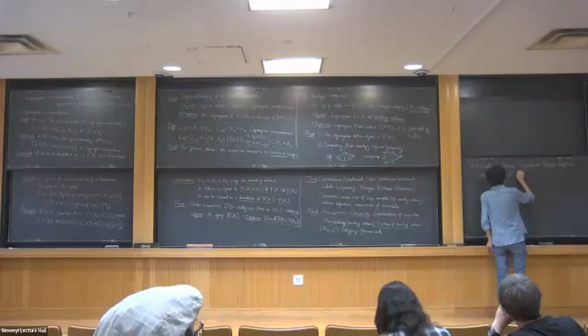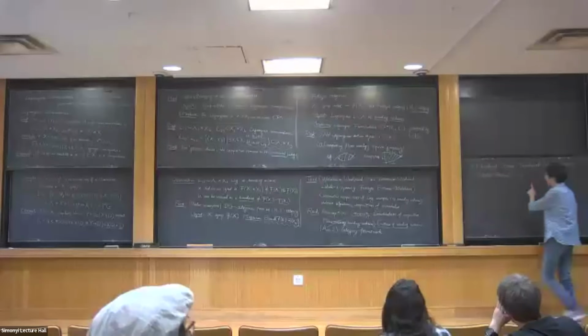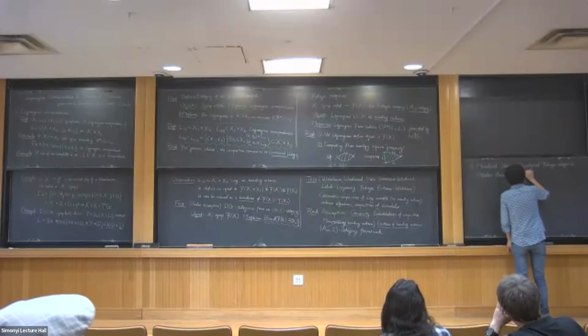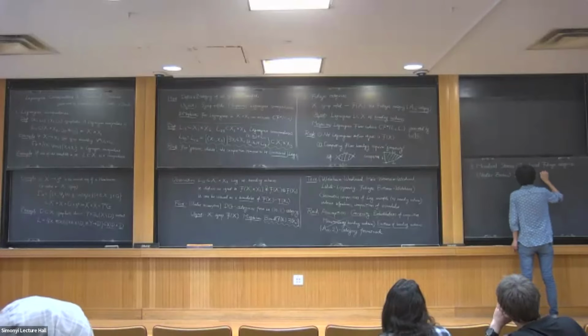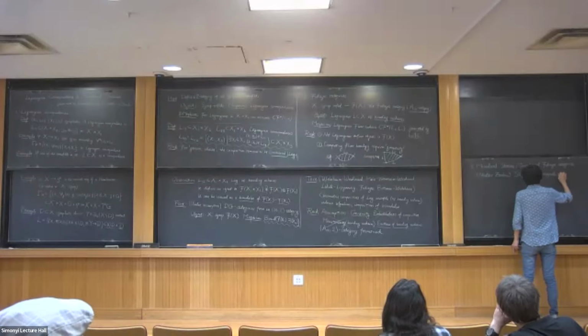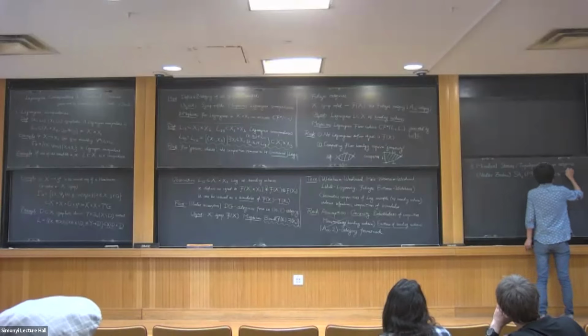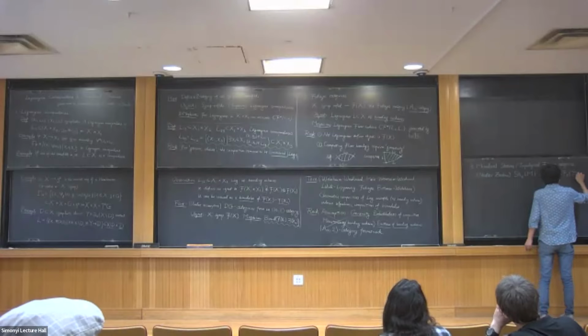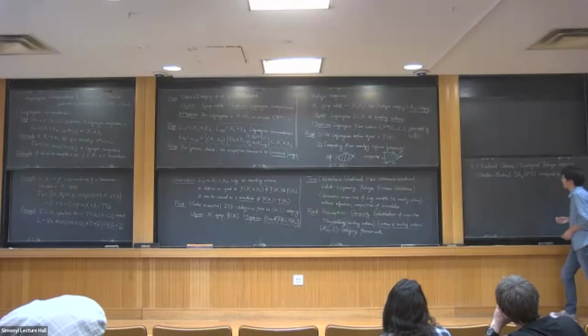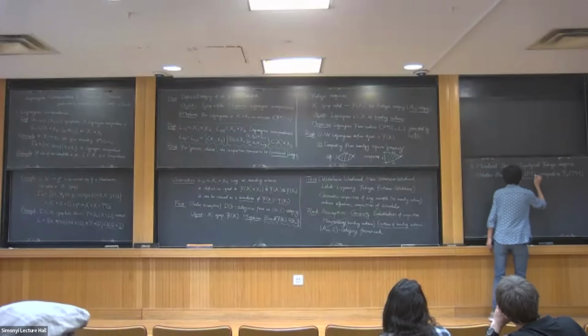So more precisely, if you consider some constructible sheaves on N, this corresponds to what is known as, I guess, a version they define called the infinitesimal Fukaya category of the cotangent bundle. So let me explain the words.